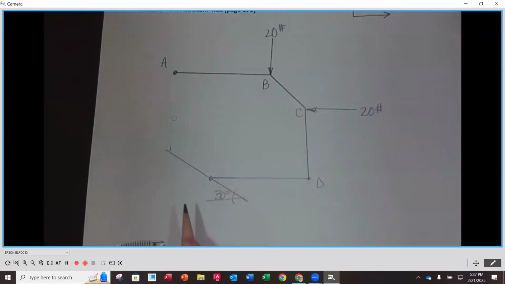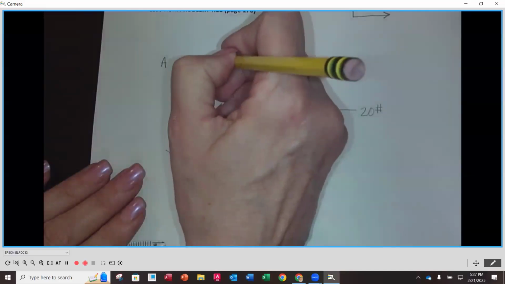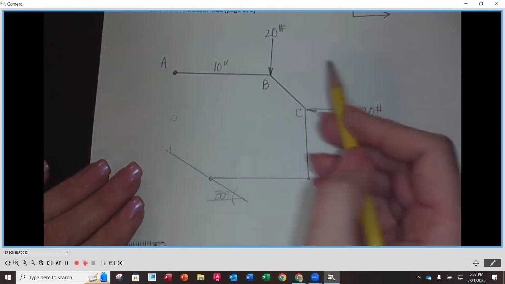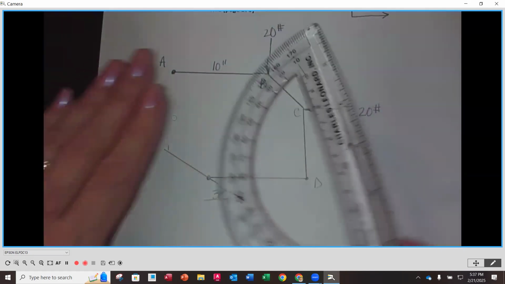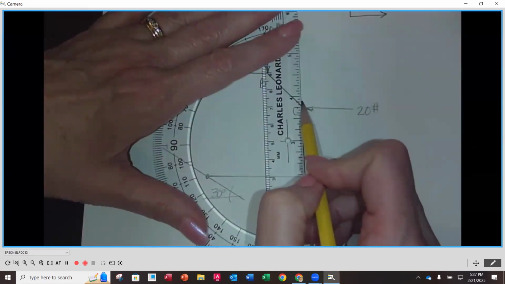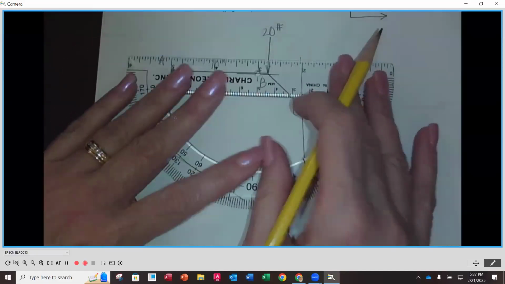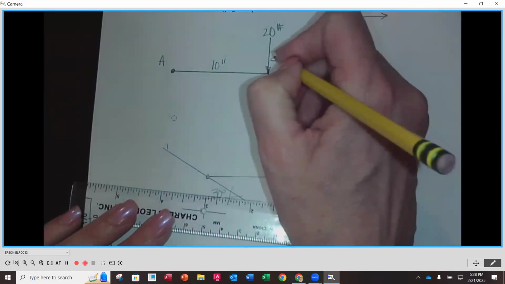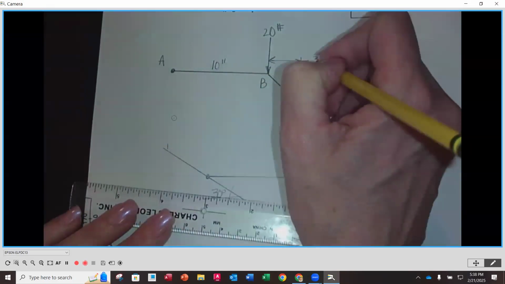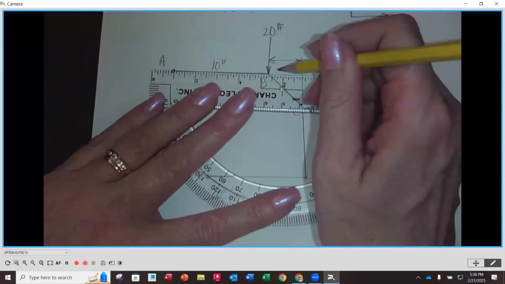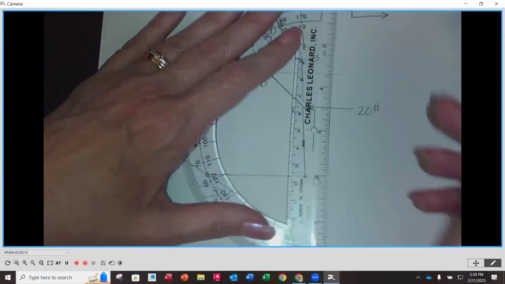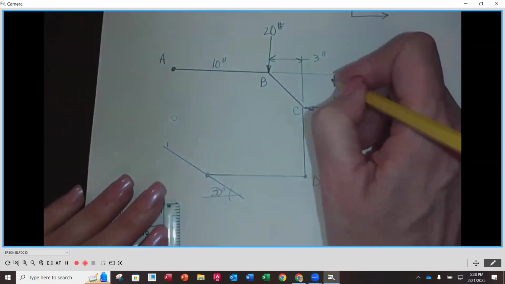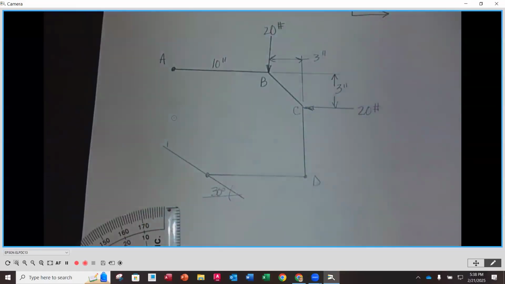Now I'm going to add my dimensions in. From A to B, this is 10 inches. The distance from B to C, right here, this distance is 3 inches. And then vertically down to C is also 3 inches.